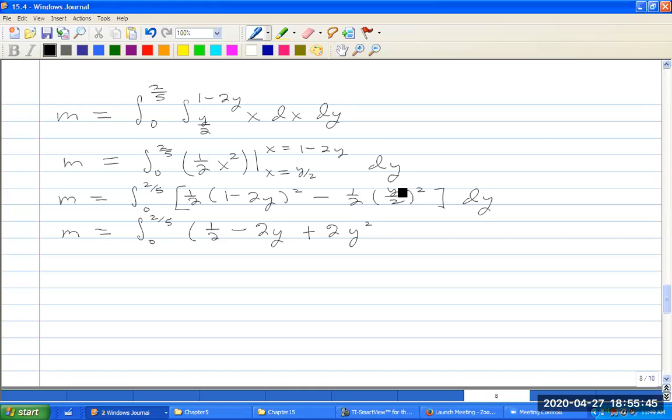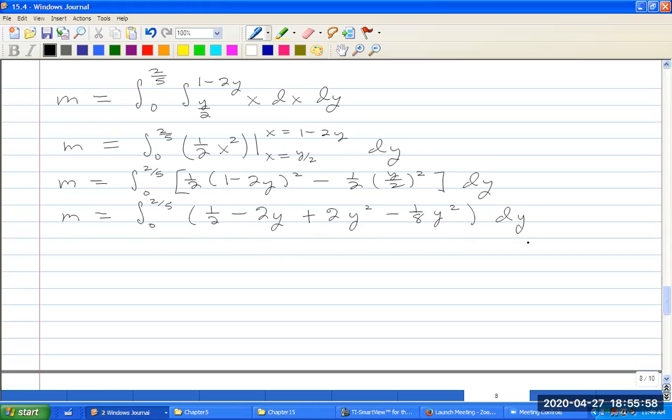Y over 2 quantity squared is 1/4 y squared times 1/2 is 1/8 y squared. Combine like terms.